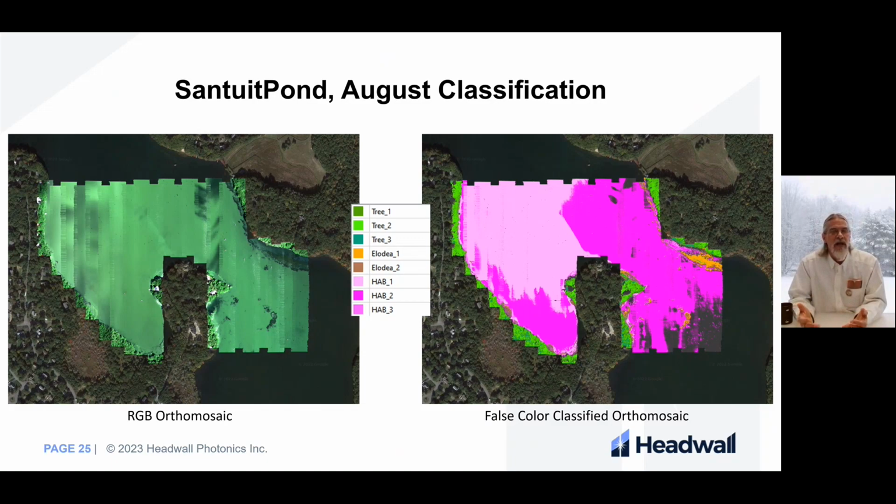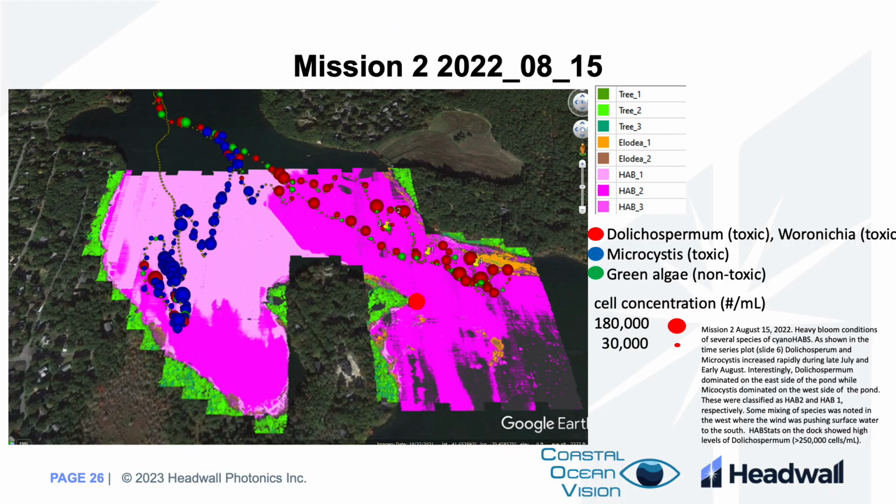And if we compare that now with the data taken by the sampler in the boat, we see very clearly, again, on the eastern side of the pond, it looks as though the toxic algae population is dominated by the Dolichospermum species. And on the west side of the pond, it's dominated by the Microcystis species.